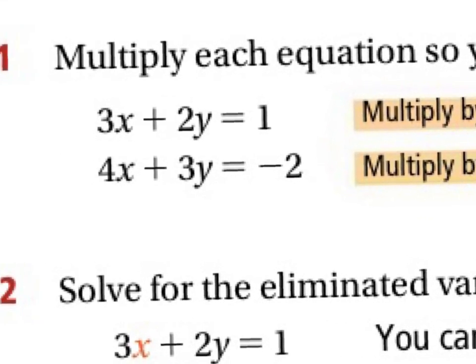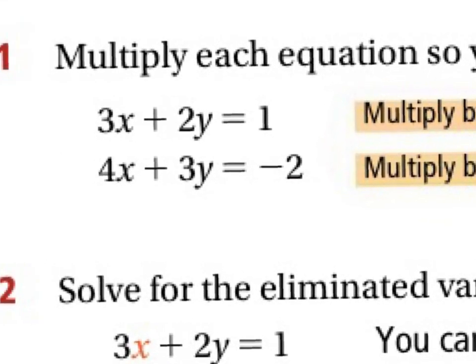So they said, let's multiply the first equation by 3. They multiplied this by 3. And then they got 9x plus 6y equals 3. That part I'm okay with. The second thing is, remember, we're trying to eliminate the y. So if we multiplied this and then we've got a 6y, let's think about what we want the other one to be.